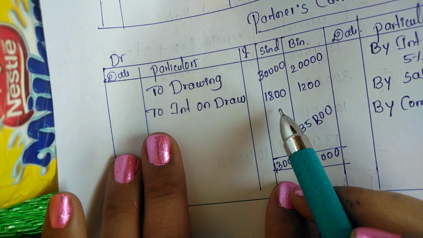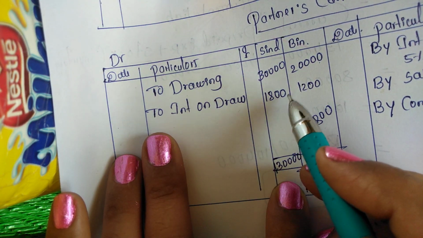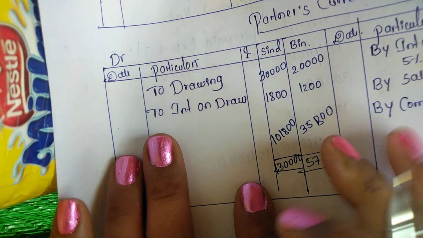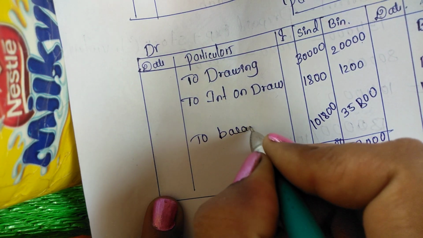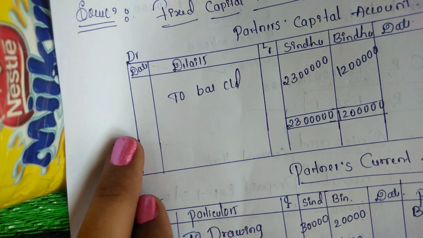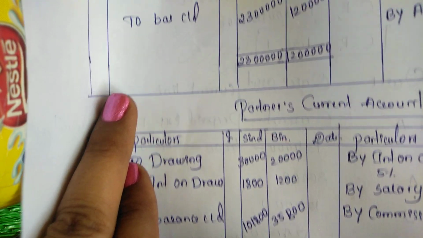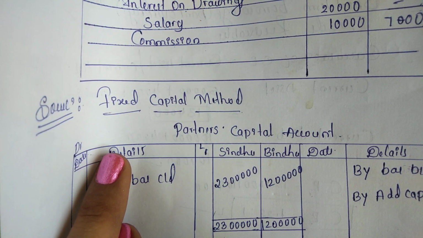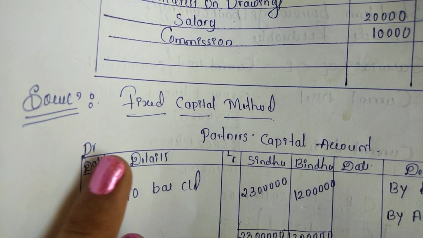And 1,30,000 minus 31,800, the balance is 1,01,800. This is called to balance carried down. This is the method of maintenance of capital accounts according to the fixed capital method. Thank you.